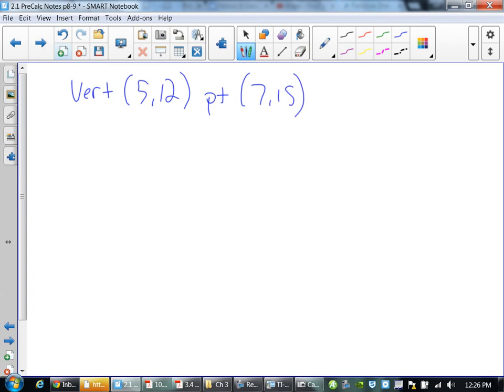Let's try and make it difficult. My vertex is at 5, 12, and the point is at 7, 15. Write it out.